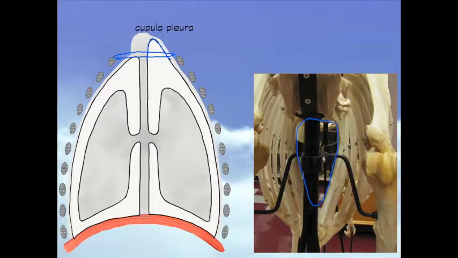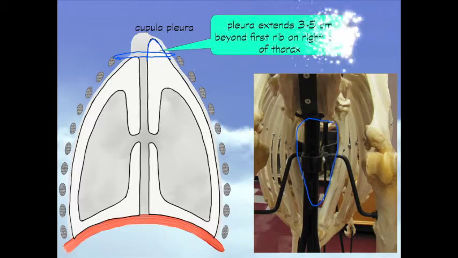That's known as the cupula pleura. Okay, so this is important because if a horse were to run into a post and it were to puncture into that, we could get a pneumothorax, or we could get an infection introduced into that to cause a pleuritis.